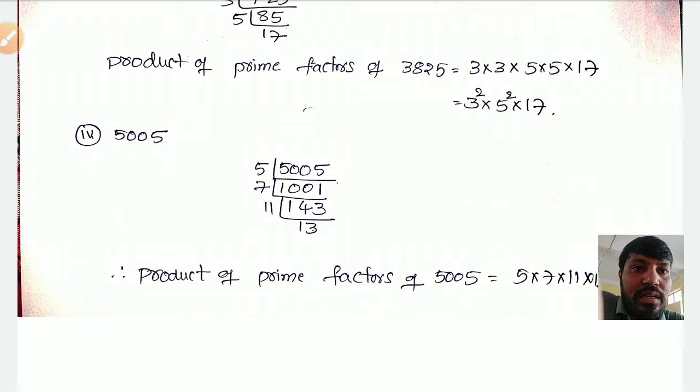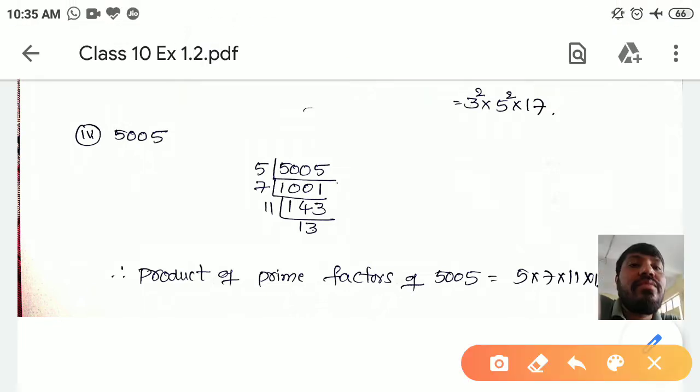One by one: it is not divisible by 2, then go for 3, it is not divisible by 3, then go for 5. It is divisible by 5, and dividing by 7 you get 143, and divide by 11, and so on. One important thing to observe is that 1001 is the product of 7 into 11 into 13.